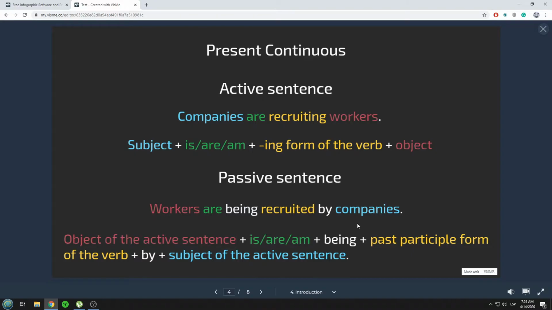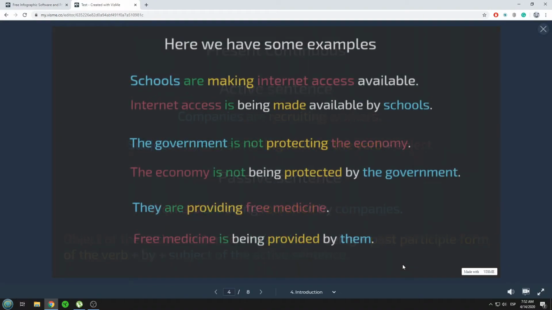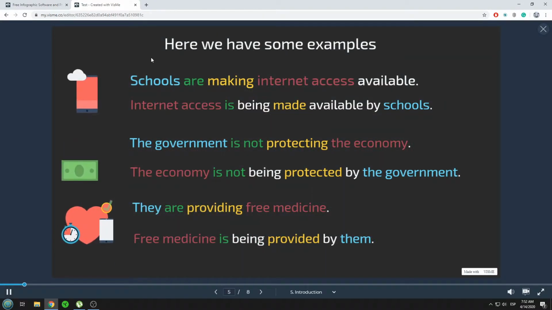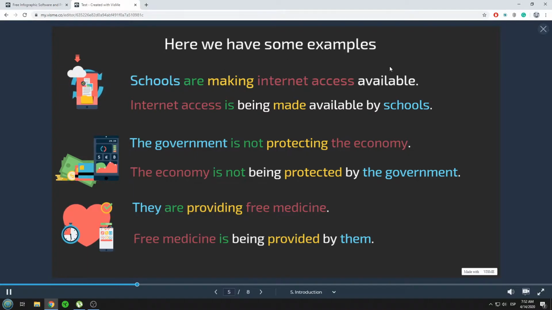In this case, it was the companies. The companies used to be the subject in the active sentence, not anymore. The subject is the workers. Anyway, I'm going to give you a bunch of examples to explain this a little better. Schools are making internet access available.